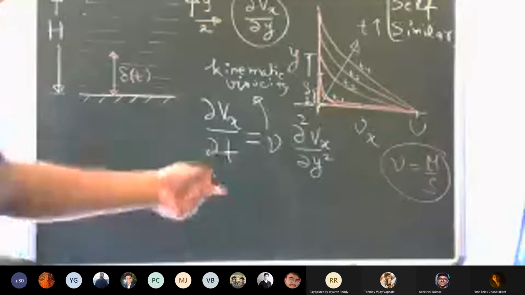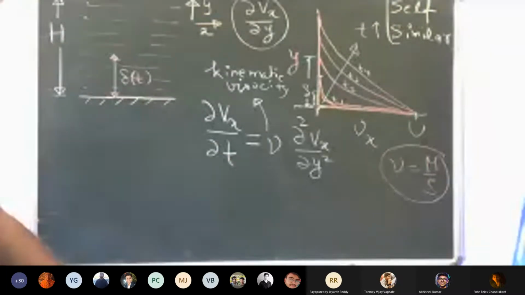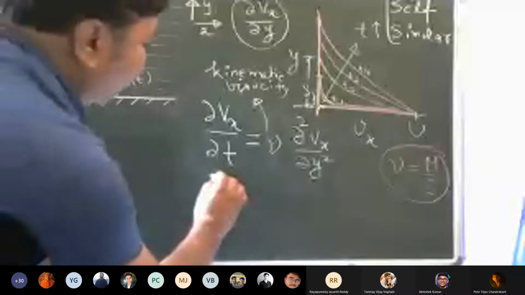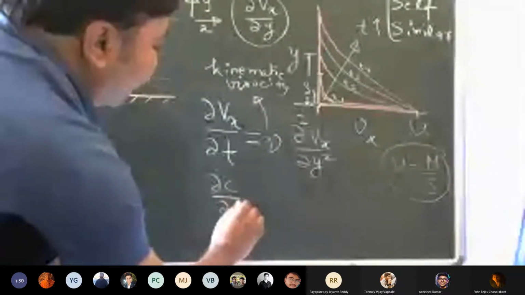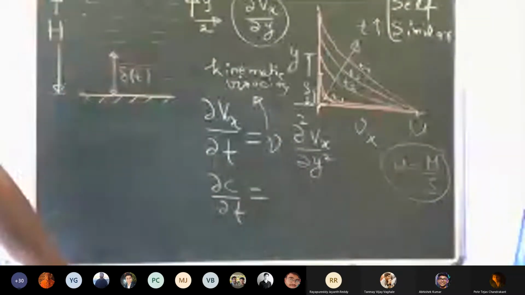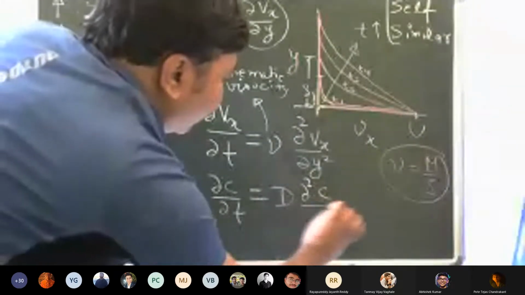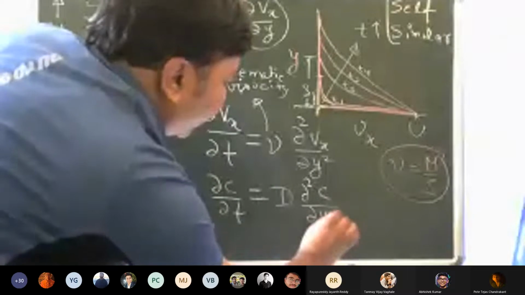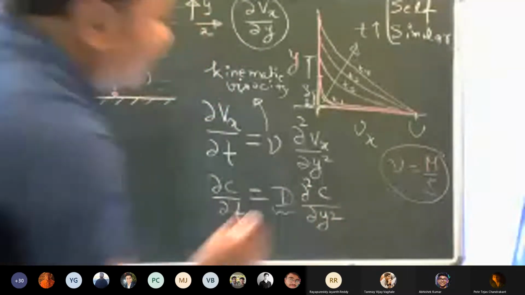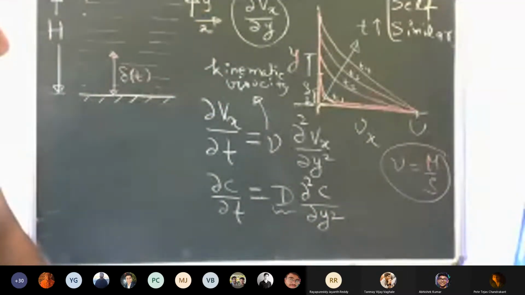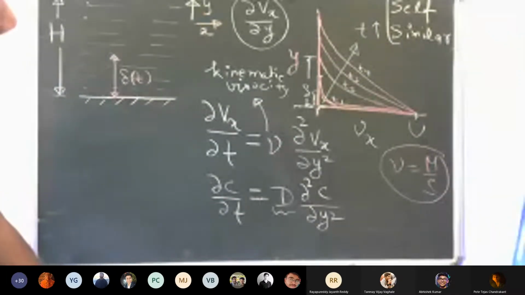Can you name the equation, like write the equation how it looks like? So if you remember, dou c by dou t is equal to D dou square c by, let's say, dou x square, dou y square, whatever it is. What is this D? Diffusivity. Diffusion coefficient. As we say diffusivity, it's molecular diffusivity, right?